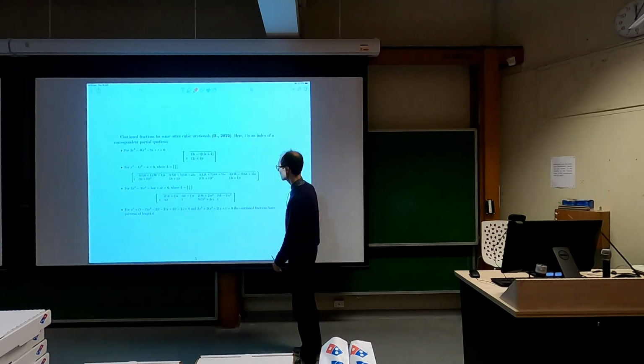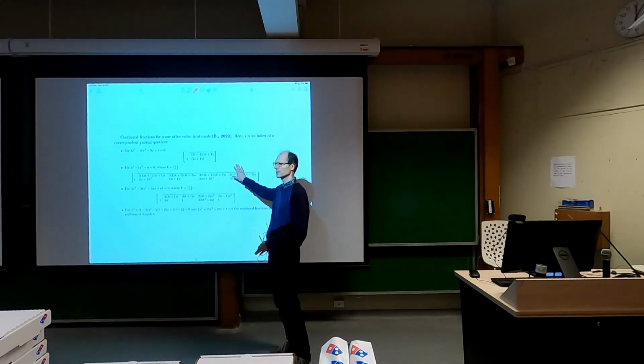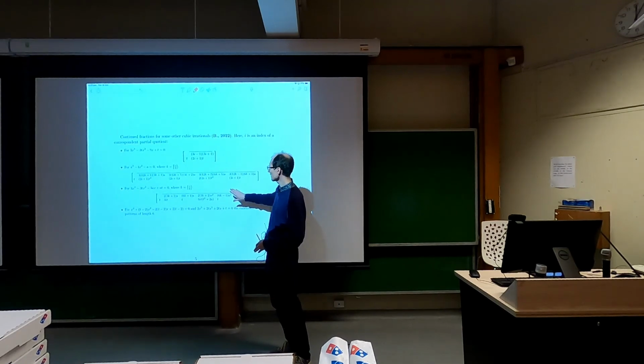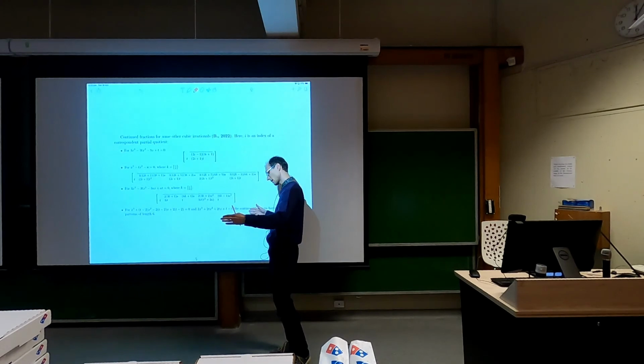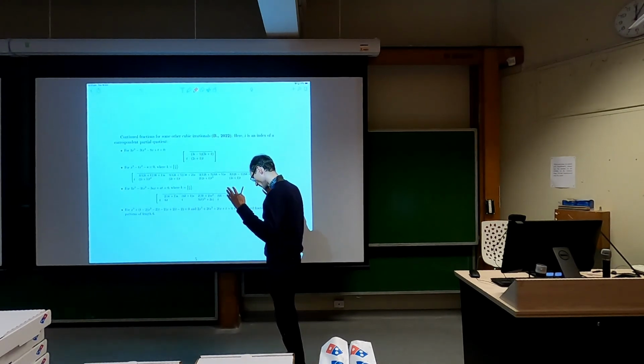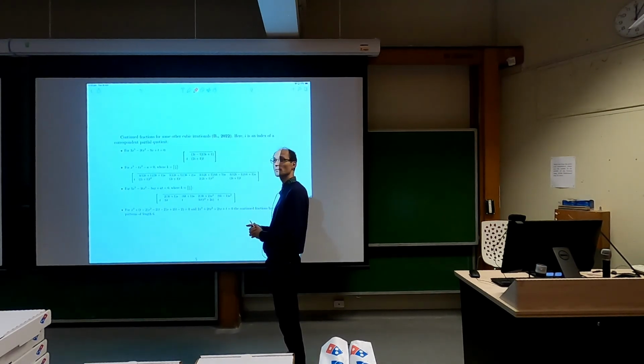You don't have to memorize this number. You can see that they're quite long, but at least you can describe them in closed form. I probably stop here. Thank you for listening.